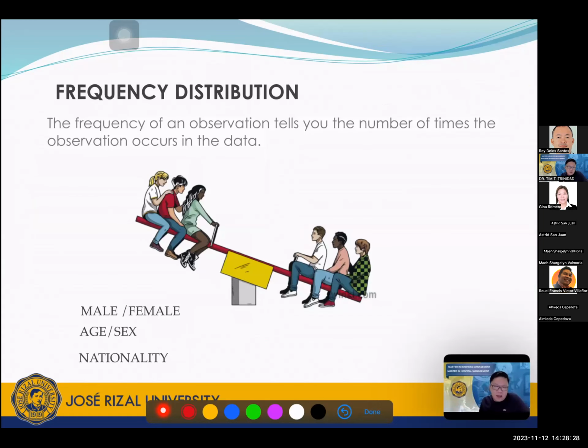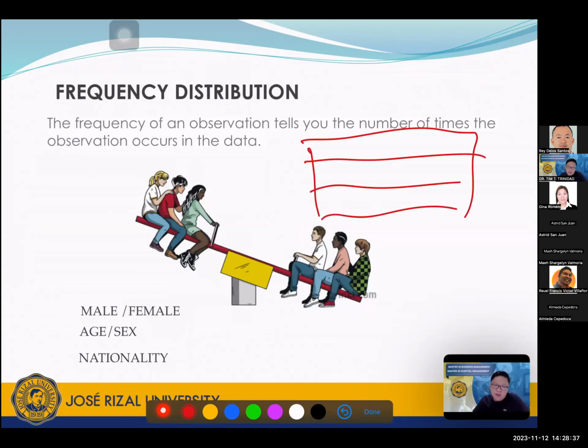Okay. So when you say frequency distribution, you just have to distribute them into groups. Okay, so kunyari male, according to male, and female, according to color. So you just have to count them. Ilan ang female? Dalawa. Ang male, dalawa.